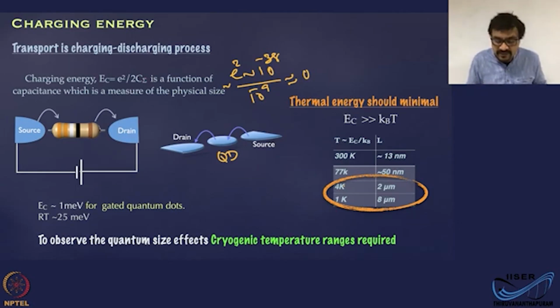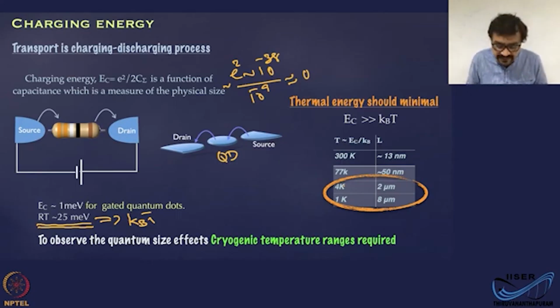And just to give you a reference, room temperature is something like 25 milli electron volt. That is the energy of room temperature, the kBT for room temperature. Okay.